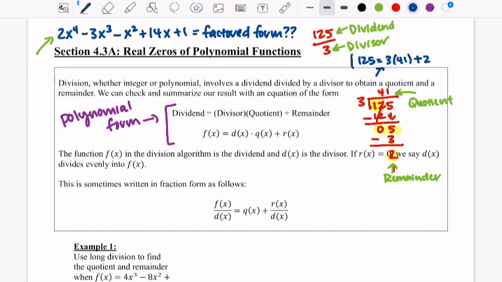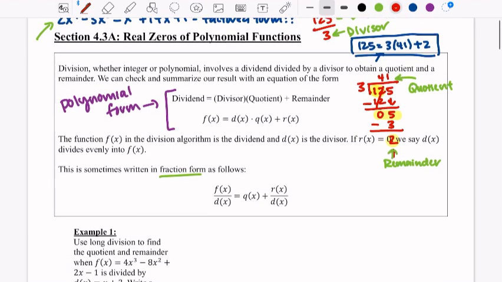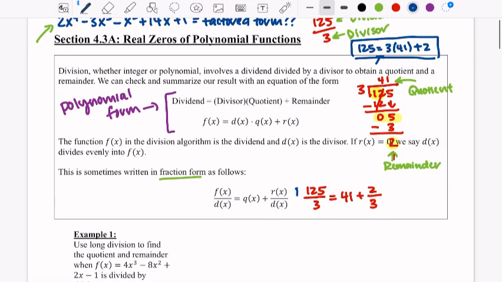So this form here is our polynomial form. We can also write this in fraction form, okay? And so this would look like 125 divided by 3 is equal to my quotient, which is 41, plus my remainder over my divisor, so plus 2/3. And that is my fraction form.